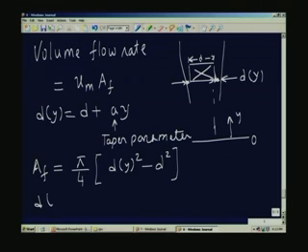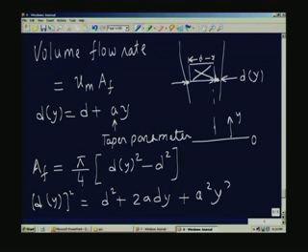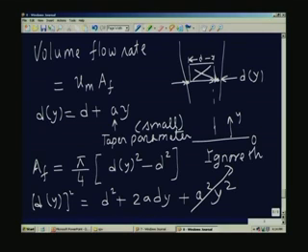So d of y whole square is nothing but d squared plus 2ady plus a squared y squared, and I am assuming that a is small, which is small taper. I can ignore this factor as being too small.